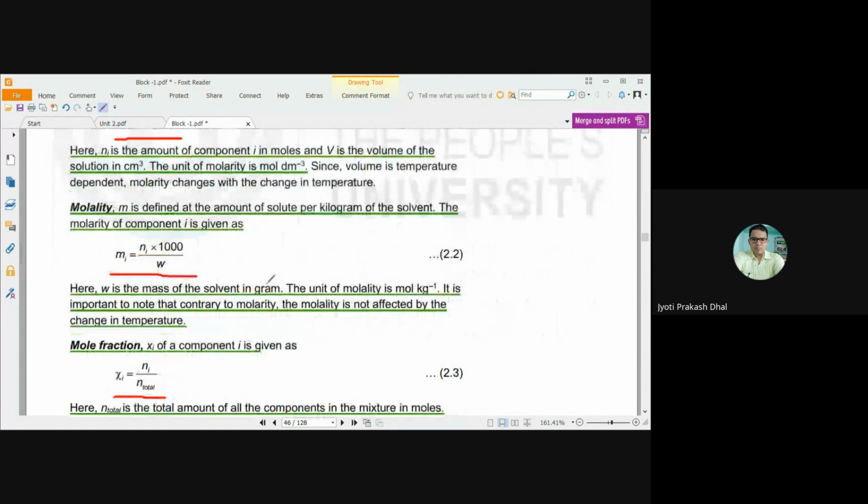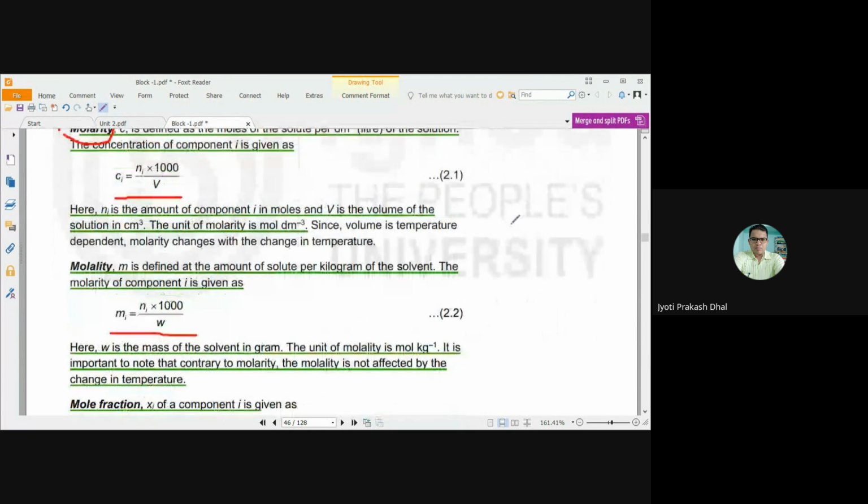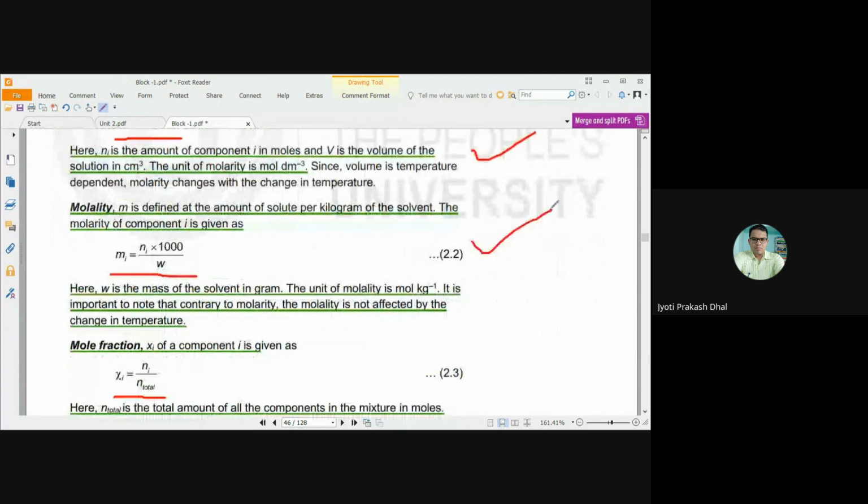Similarly, another one is molality. Molarity is applicable for a binary solution, and another way to express the strength of the solution is molality, which is defined as the number of moles of solute per kilogram of solvent.